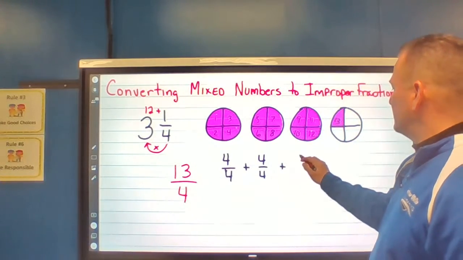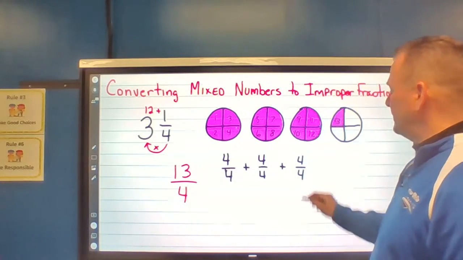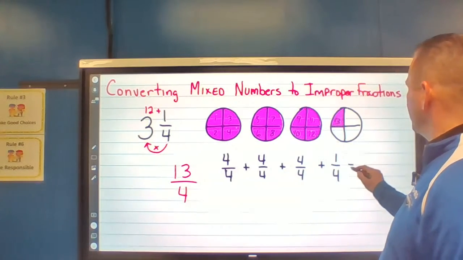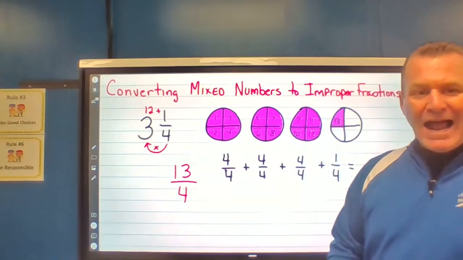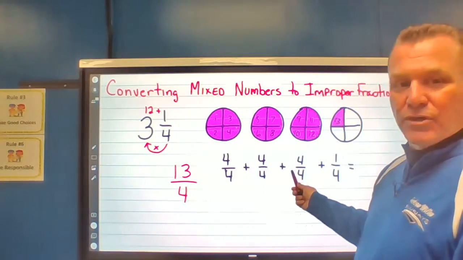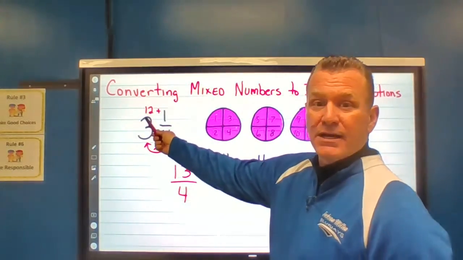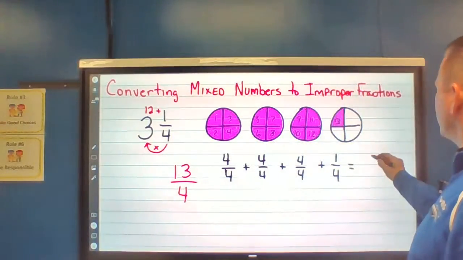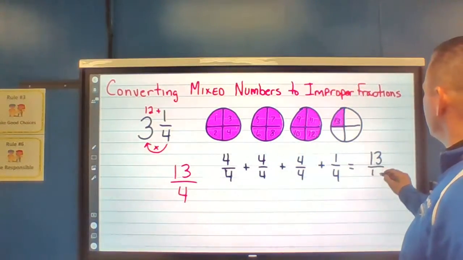Plus 4 out of 4 here, plus 1/4. And if I wanted to break it down and add that all together, 4 plus 4 is 8, plus another 4 is 12, which gets me to that 12, plus my 1 would give me my 13/4.